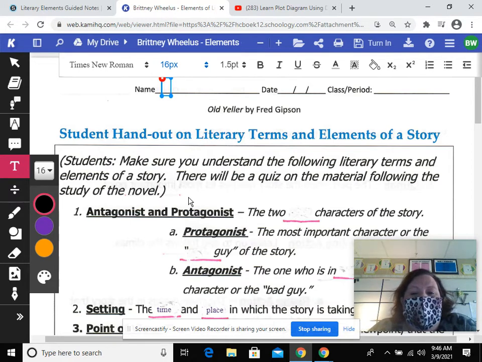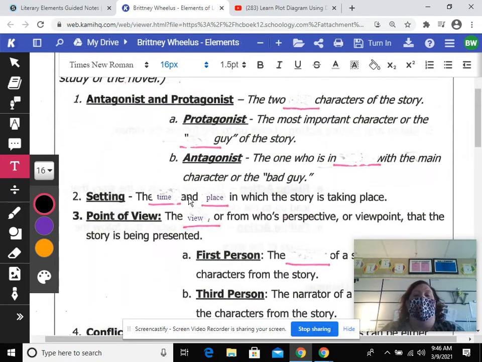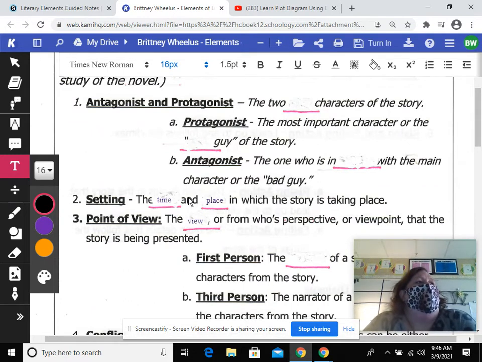It says student handout on literary terms and elements of a story. Make sure you understand the following literary terms and elements of a story. There will be a quiz on the material following the study of the novel. So what we're going to do today is some notes in a PowerPoint presentation.